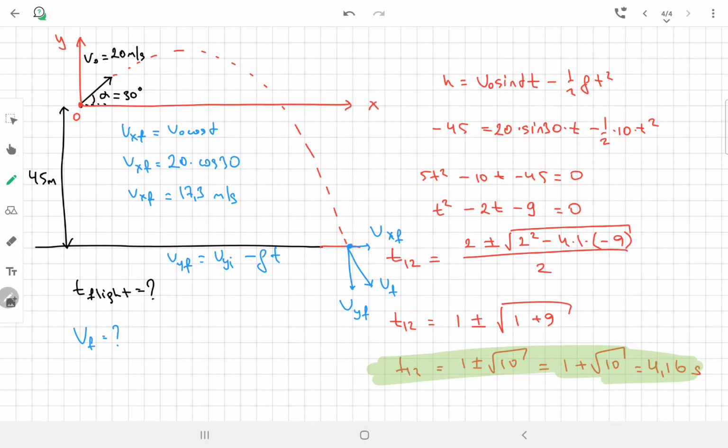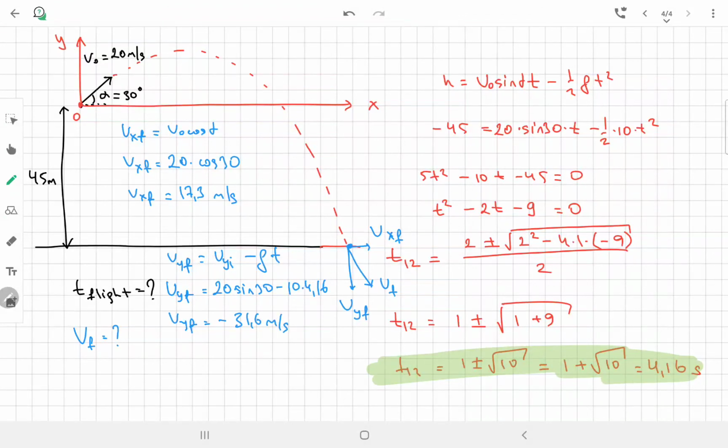Negative g t, because gravity is directed downward. So the final velocity equals initial velocity 20 times sine 30 minus 10 times 4.16. So the final velocity in vertical direction will be equal to negative 31.6.